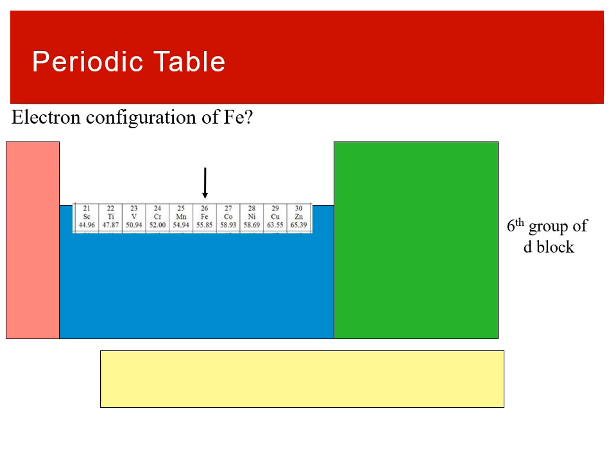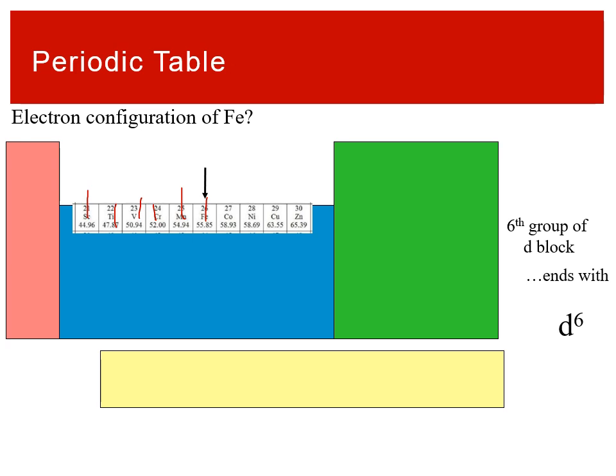We know that it's in the d block, and we know it's in the 6th group of the d block. Sc starts at 1. We can just count across 1, 2, 3, 4, 5, 6. So we know right away that the electron configuration ends with d6. Anything in the same column as iron ends with d6.